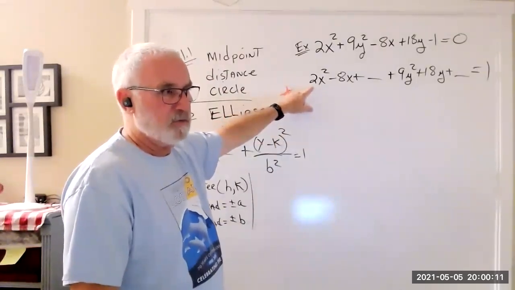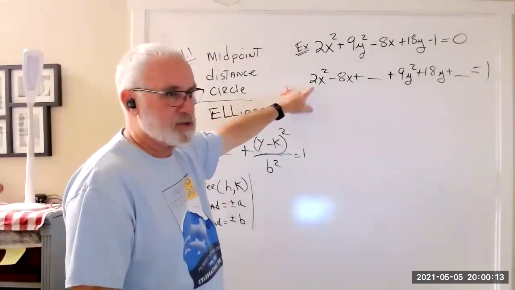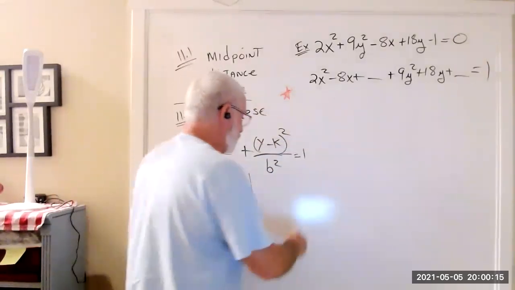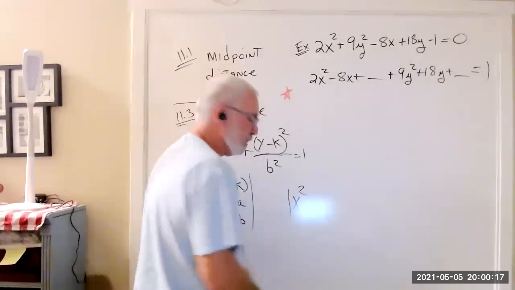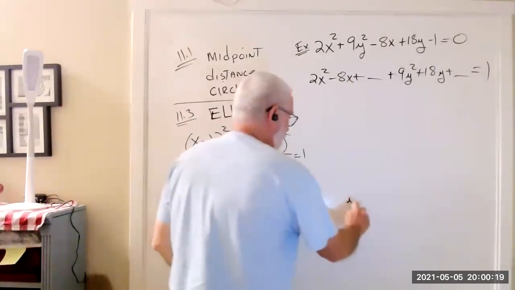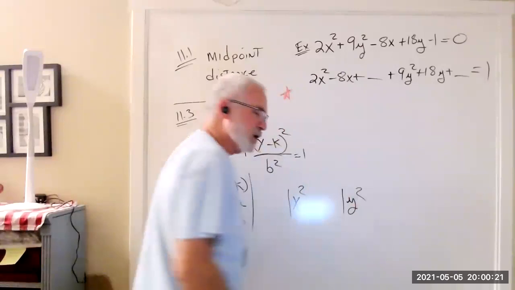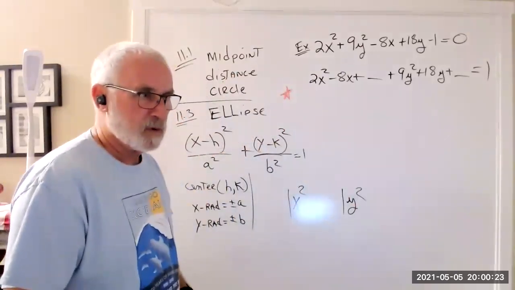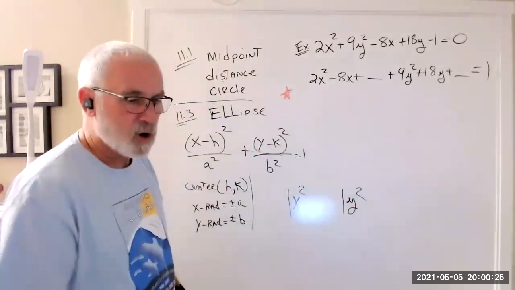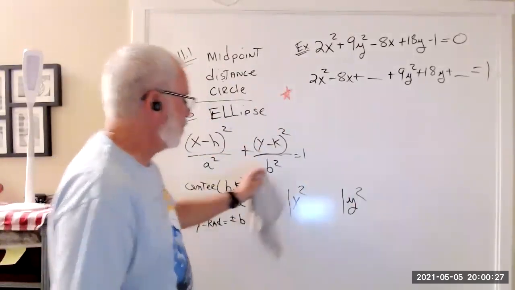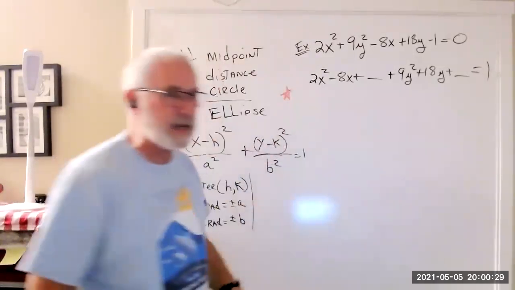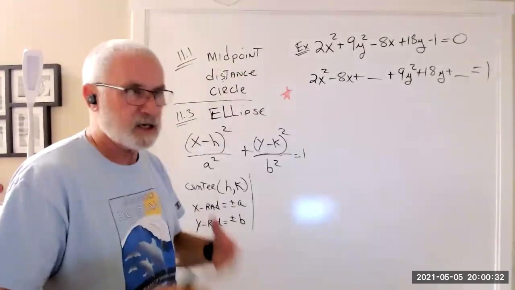Okay. If you go back and look at all of the problems I did, the coefficient of the x squared was always a 1, or the coefficient of the y squared is always a 1. That's one of the problems with completing the square. It's very limited in its usefulness.